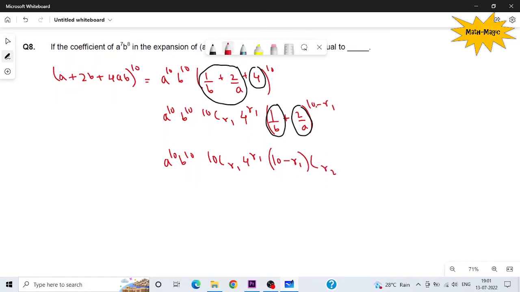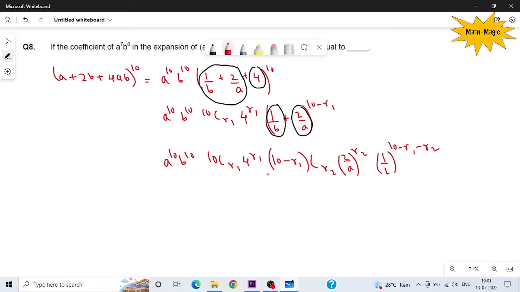Any term in this expansion will look like 10C r1, (10 minus r1) C r2 multiplied with (2/a) raised to r2, (1/b) raised to 10 minus r1 minus r2.